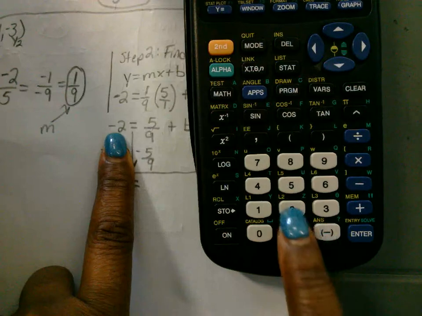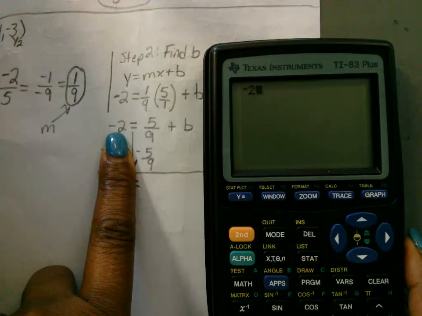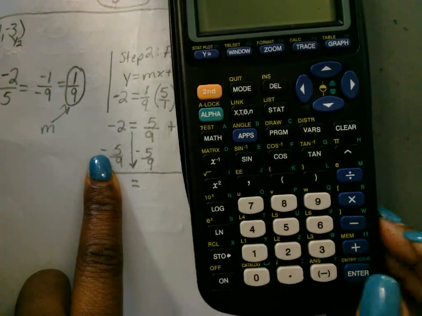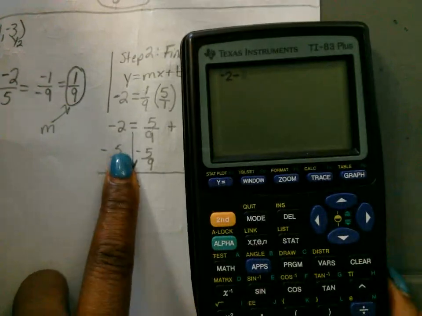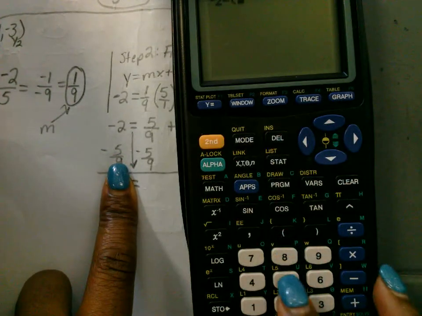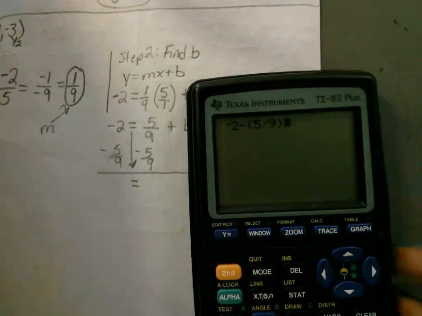We're going to type in -2. Then we're going to type in minus because we're subtracting the fraction 5/9. To type in a fraction, you do parentheses, 5 divided by 9, close parentheses. This is what it should look like.